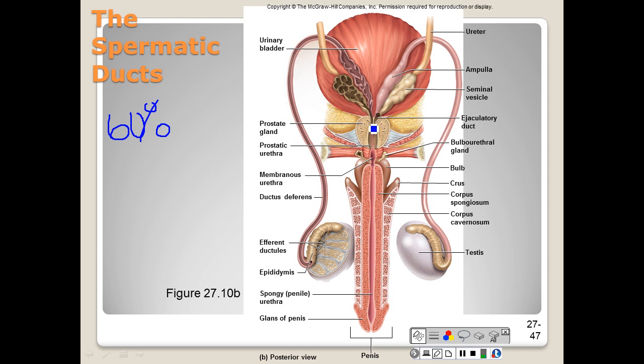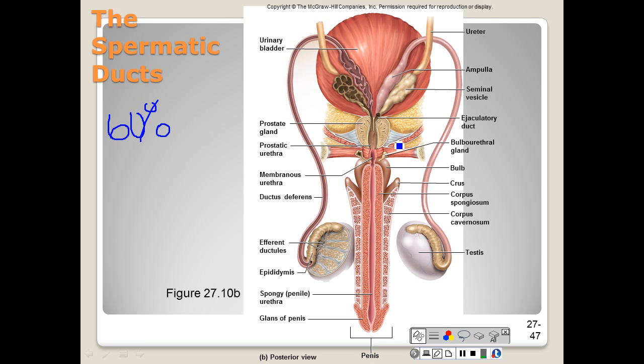Now the prostate gland, which we see here on either side, surrounds the urethra, and the ejaculatory ducts are immediately inferior to the urinary bladder.